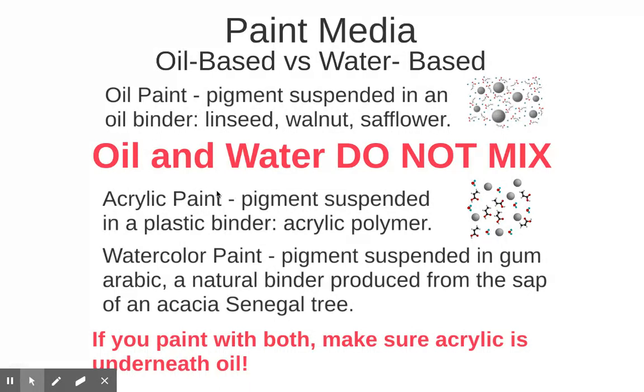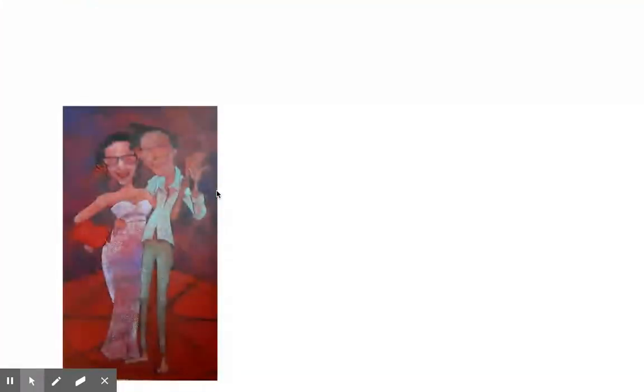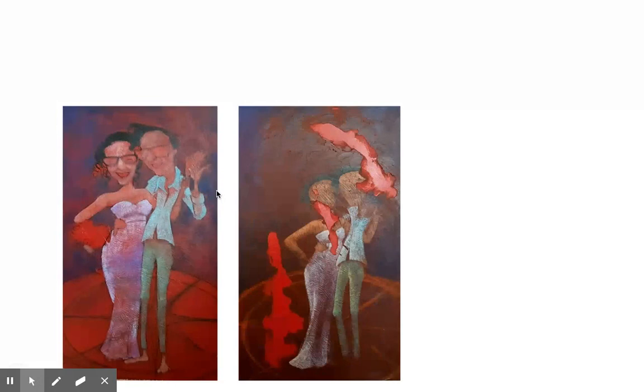If you paint with both, make sure that acrylic is underneath the oil. And I'll show you examples of what happens if you do otherwise. Okay, so I had started this painting. I painted a red acrylic base down and then started painting acrylic over the top of it. Shortly thereafter, I noticed that there were parts of the painting that were starting to peel rather quickly.